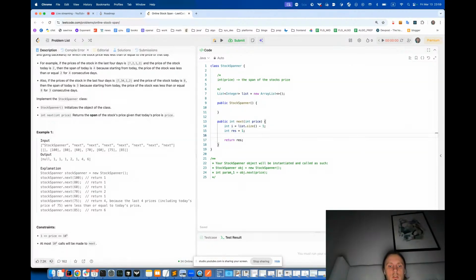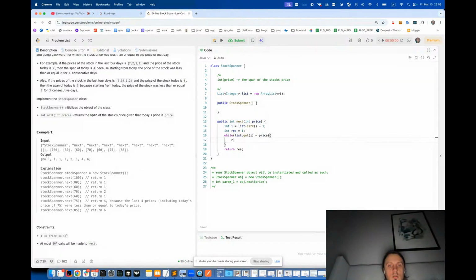And then we go to the for loop. We can just go while list get I is less than price.